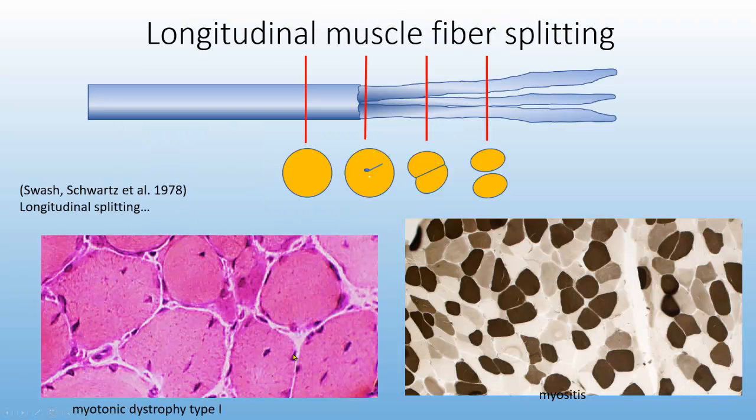Michael Swash and colleagues long ago made a special study of the splitting phenomenon. They made slices of a muscle fiber with short intervals, about 200 micron, over a long distance of muscle fibers, both in polymyositis and in some neurogenic situations.